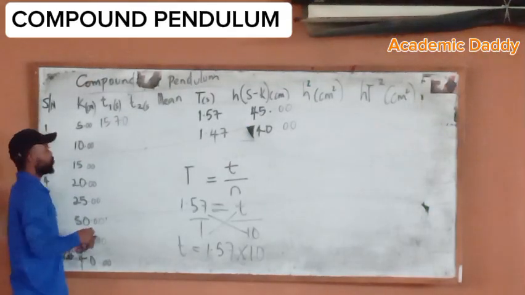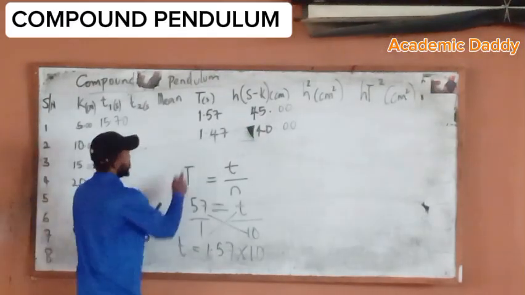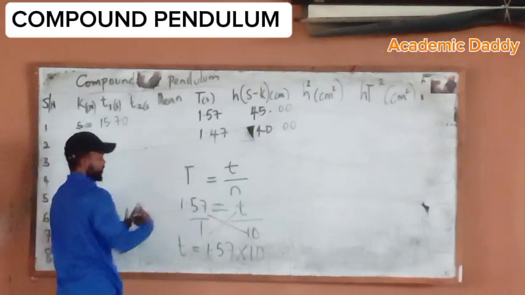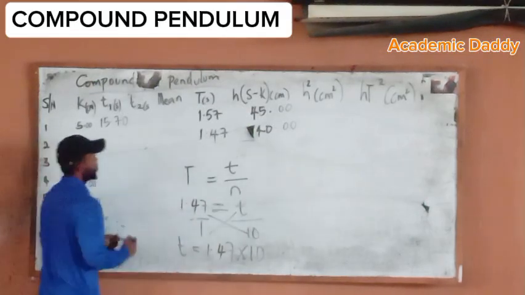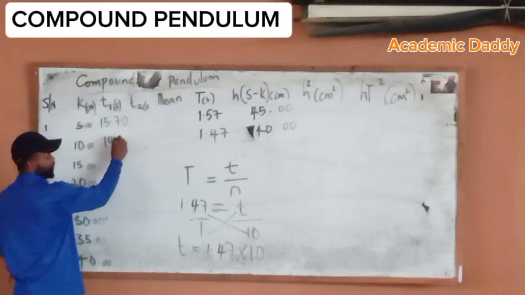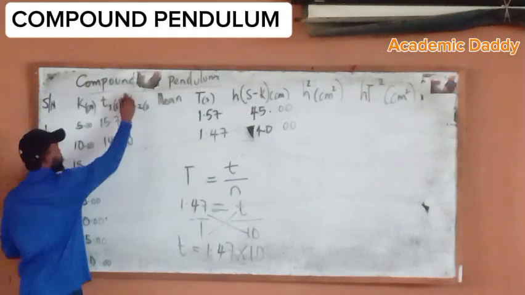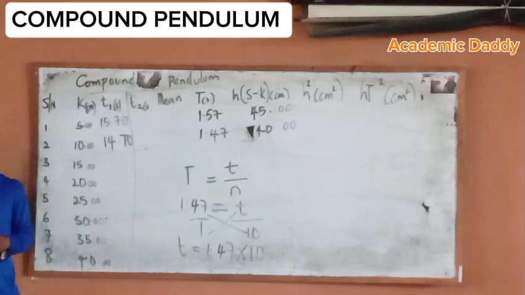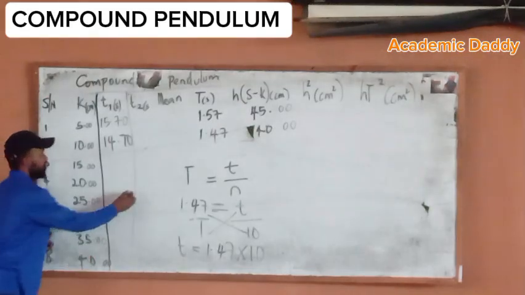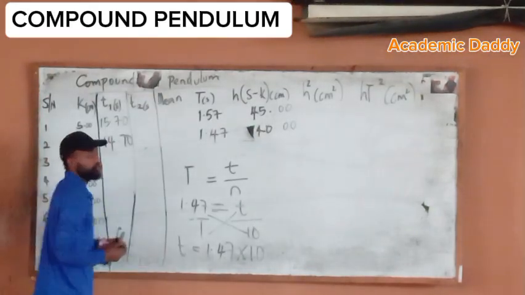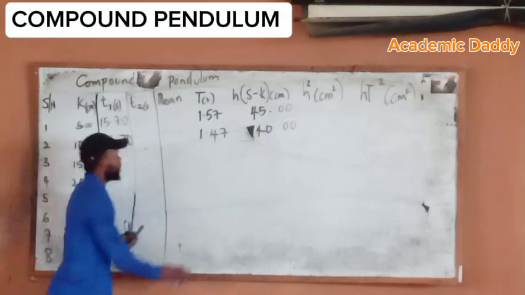Assuming I want to look for the second one, I will simply do 1.47 times 10. So you have what? 14.70. See that? Now please, if you want to discuss, no noise. Let's do it. Now to get T2, what I will simply do is ask: what is the standard error in my T?